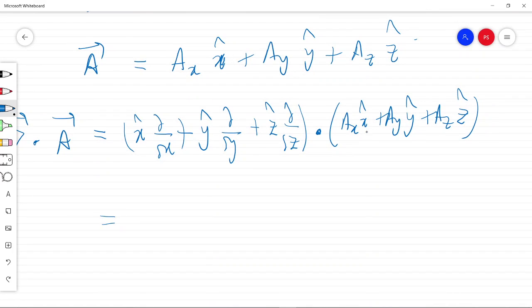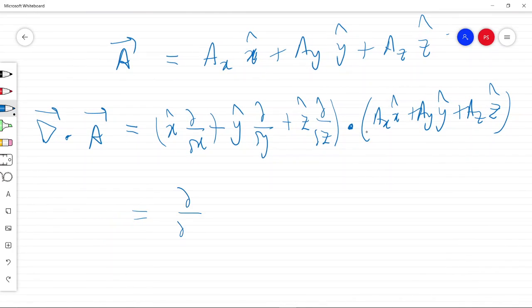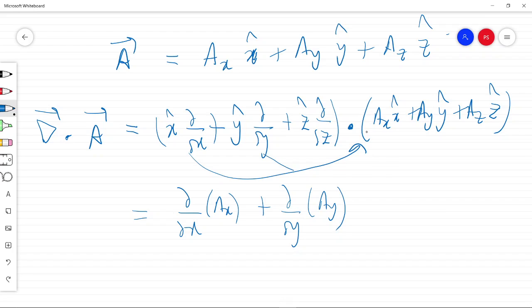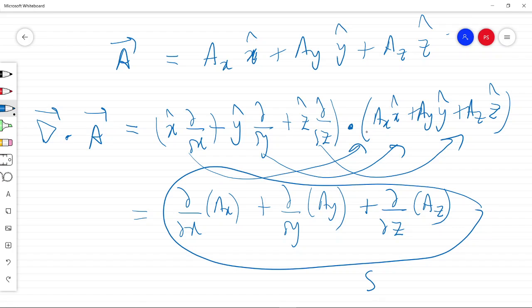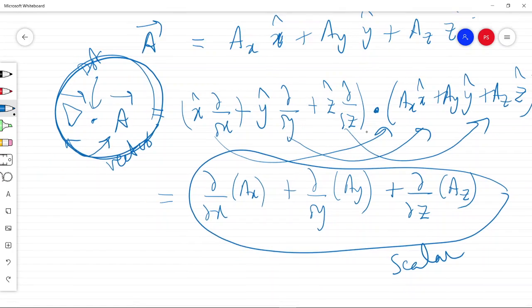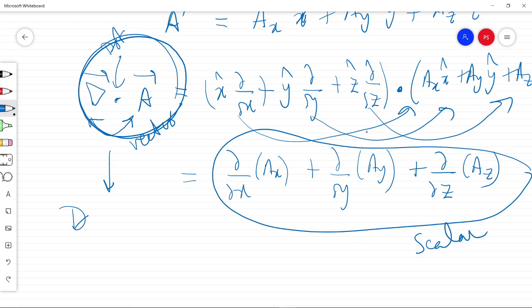By the definition of dot product, this gives us dou by dou x of ax plus dou by dou y of ay, linking the x, y and z components, plus dou by dou z of az. Now we see that the result is a scalar, and the del operator operates on a vector through a dot product. This type of operation is called divergence.